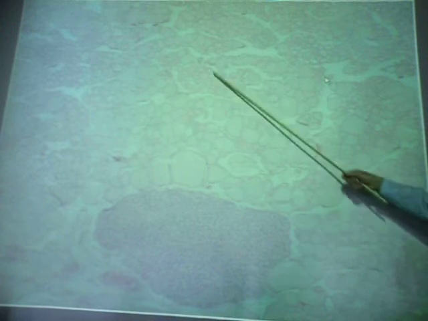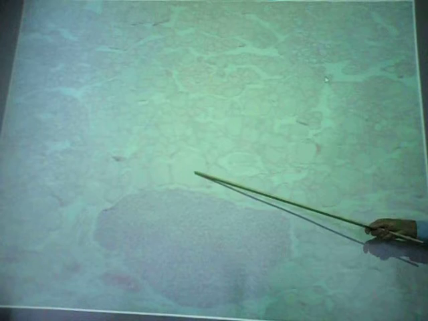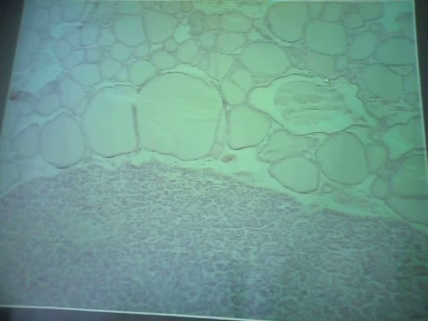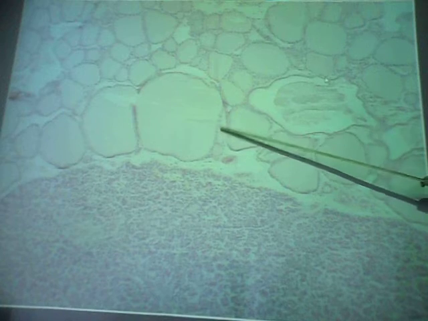They're roughly spherical. Now, not all have been cut in the same place. That's why some are larger than others, but roughly spherical. But this is not a cell. This is a multicellular structure. So this is called the thyroid follicle, not a follicle cell. And these little dots that you see here are the nuclei of the follicle cells.